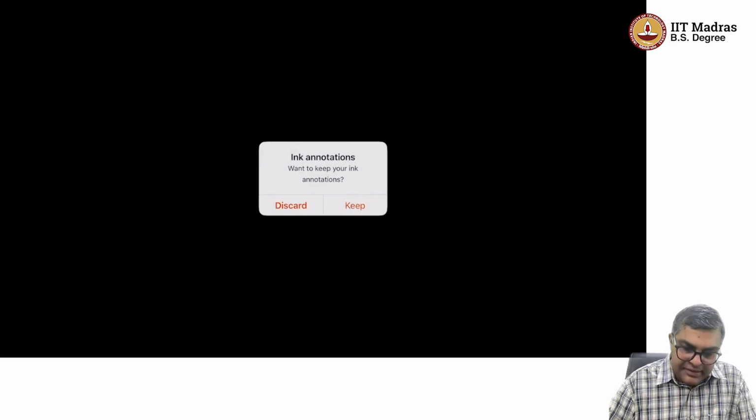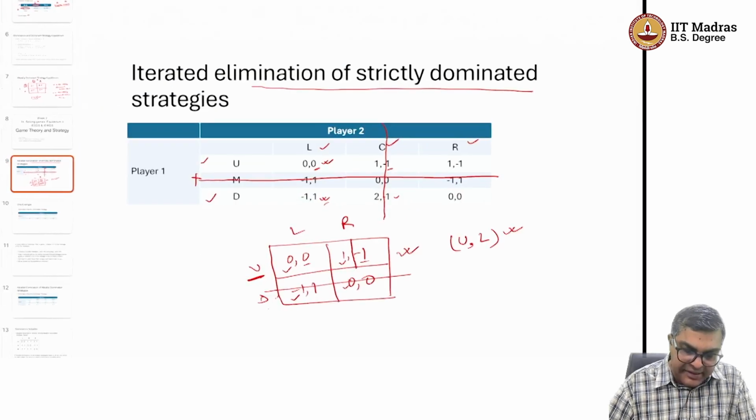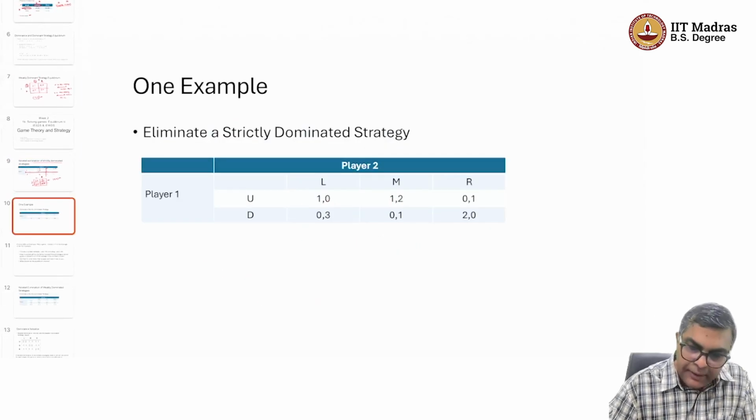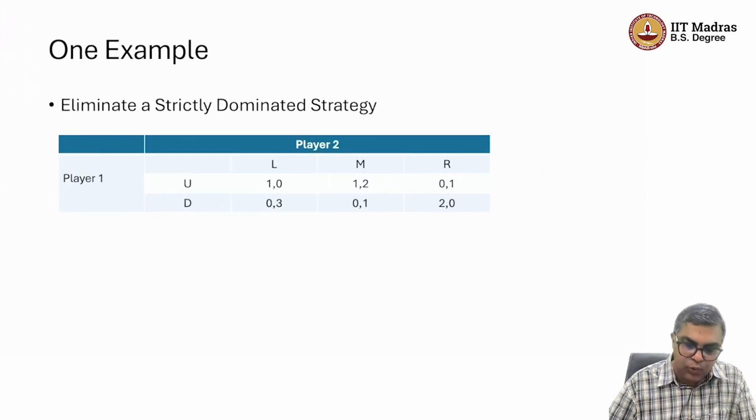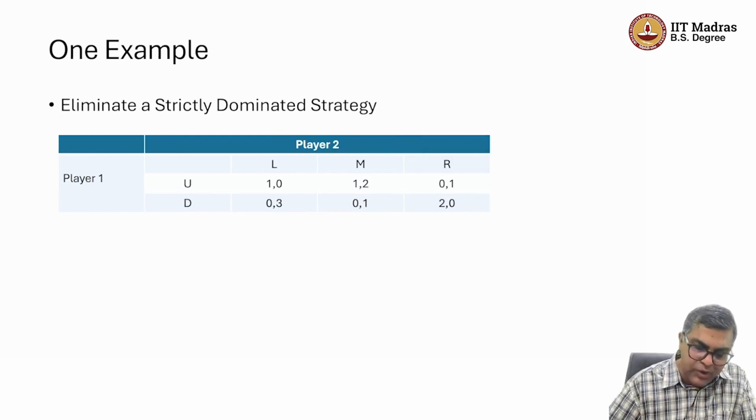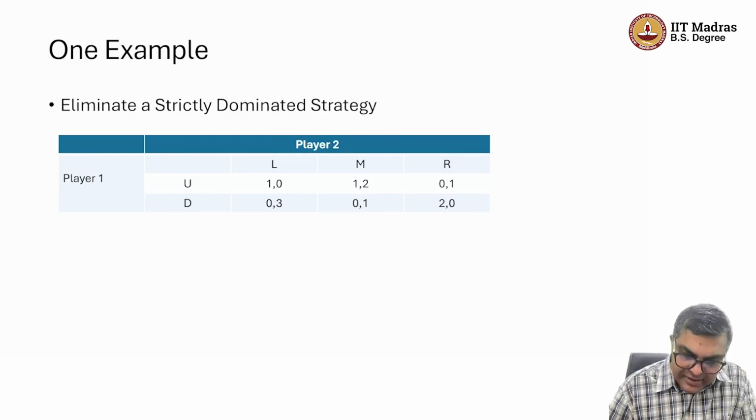We can look at some other examples also to understand it better. How can we do the removal here? Here it's a simpler game to begin with. Player 1 has only 2 actions, player 2 has 3 actions, and it so happens that for player 1, U doesn't dominate D. Why?